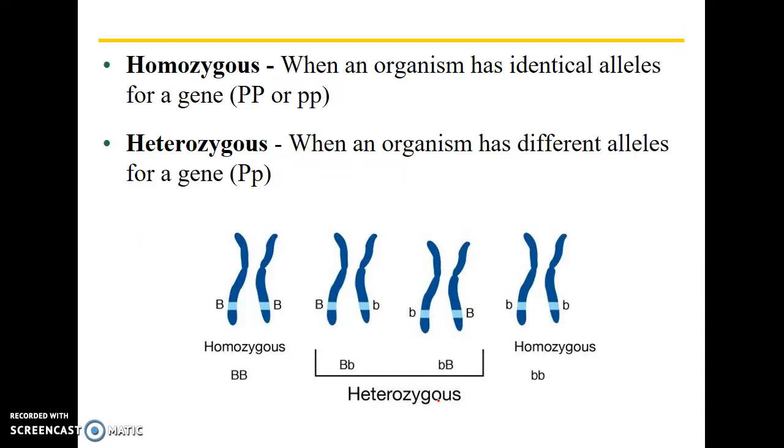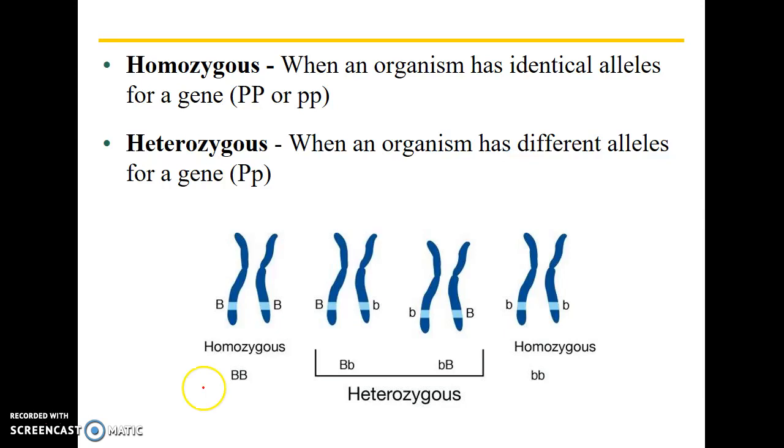Now here's a couple other terms for you, and this has to do with whether an organism has identical alleles or different alleles for a single gene. Homozygous is when an organism has identical alleles. So they've received the same gene variants for a single gene at a single locus on a chromosome. So for example, big P or little p, doesn't matter if they're dominant or recessive, if they're the same, if that organism has received the same gene variant, it's considered homozygous.